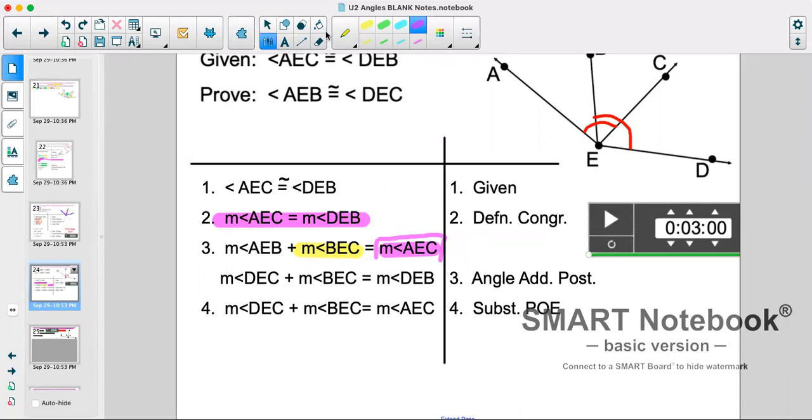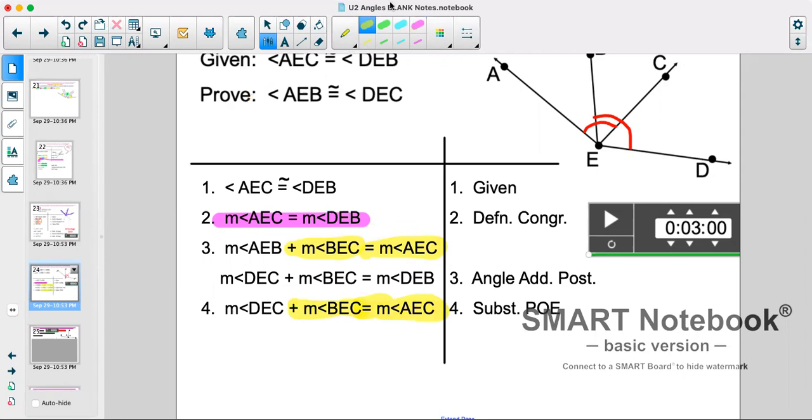So here is what I want you to see now. Notice from this top, step 3 and step 4 are still the same. But now notice, because of substitution, this and this are also the same.